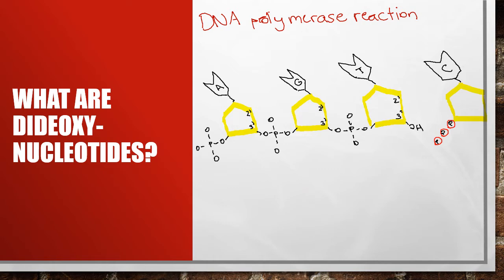While DNA polymerization is occurring, the 3' end of the old part of the nucleotide chain reacts with the dideoxynucleotide's phosphate.